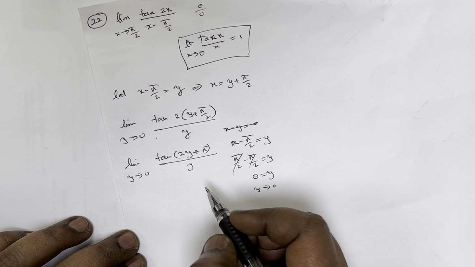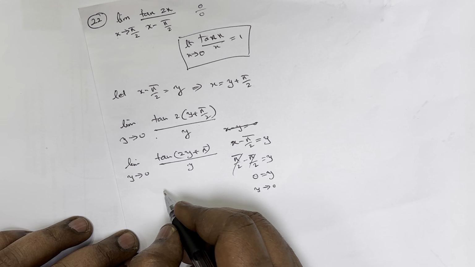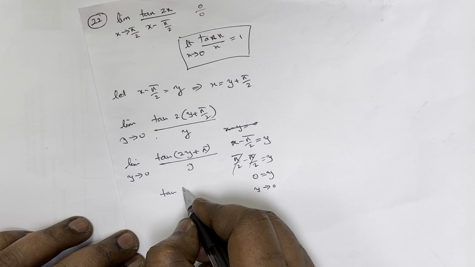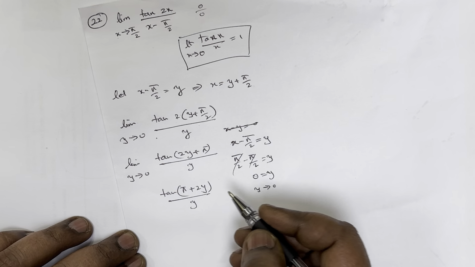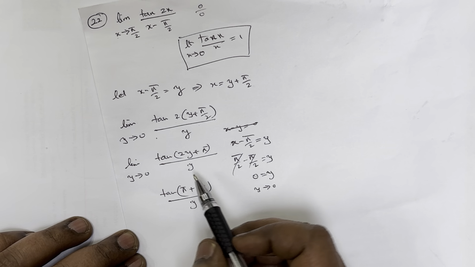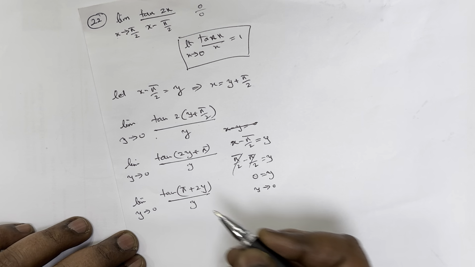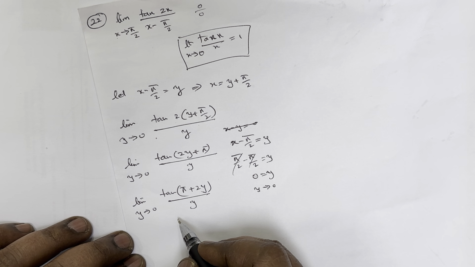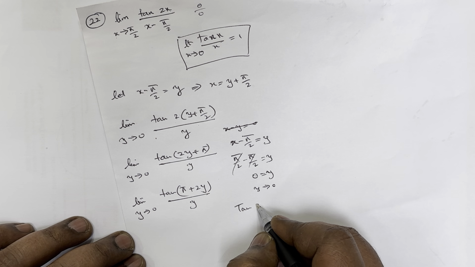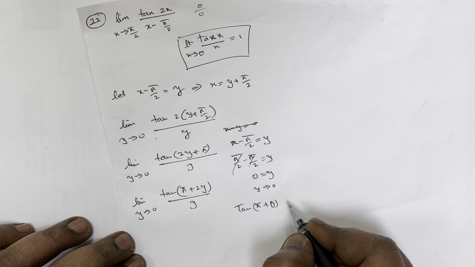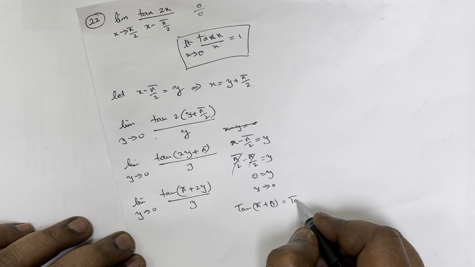Now we can write this as tan of pi plus 2y upon y, and limit y tends to 0. So you know that tan of pi plus theta is equal to tan theta.